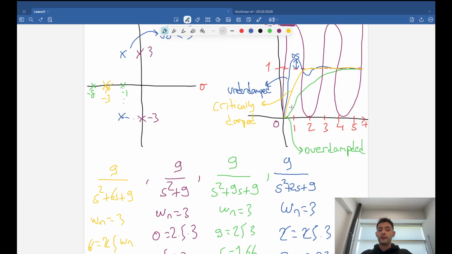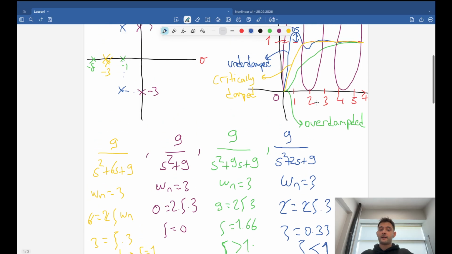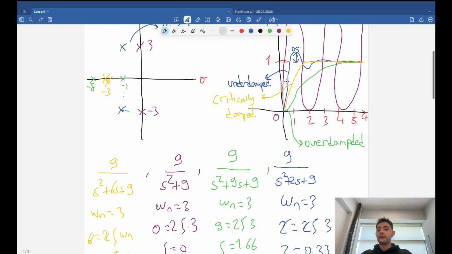In half a second. So if you make your zeta go higher, your response will be slow, but there will be no overshoot. If you make your zeta less than 1, you can't pressurize your response. It will go quick, but it will display some oscillations.